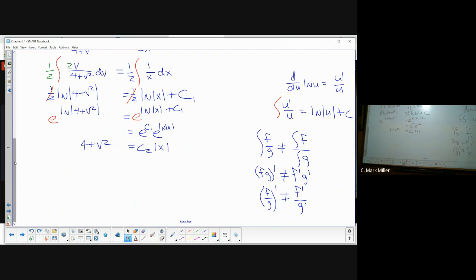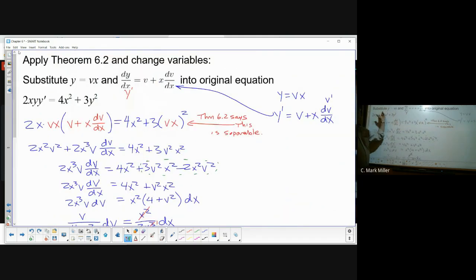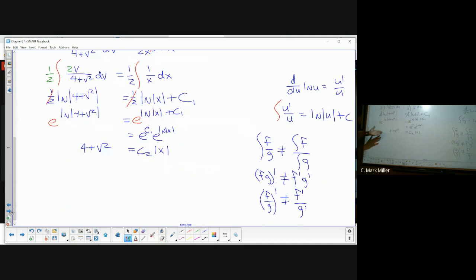Now, what do we do? What are we solving for here? When you're solving a differential equation that's in x and y, we're solving for y if we can. Well, I don't even have a y left there, right? Where's my y?